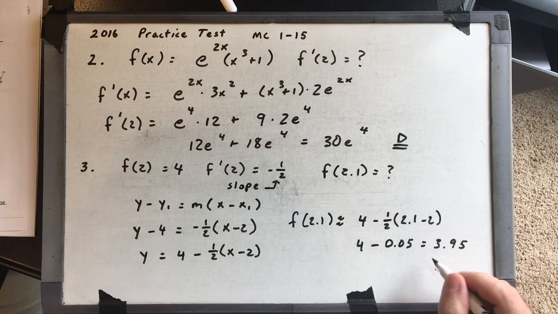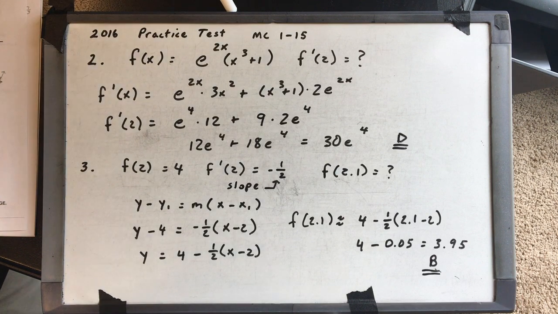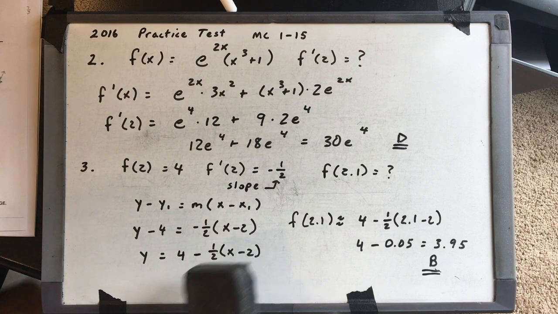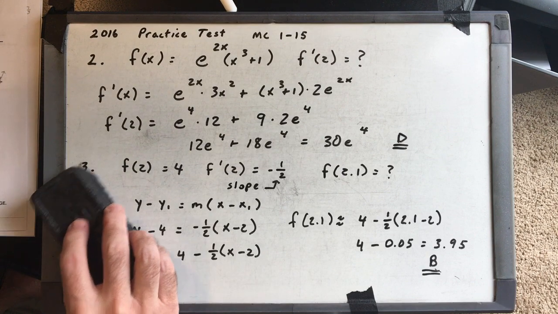Okay, so that is option B. All right, I could definitely see you having to approximate using the tangent line approximation. I really feel like you could have to do that on the 2020 test.